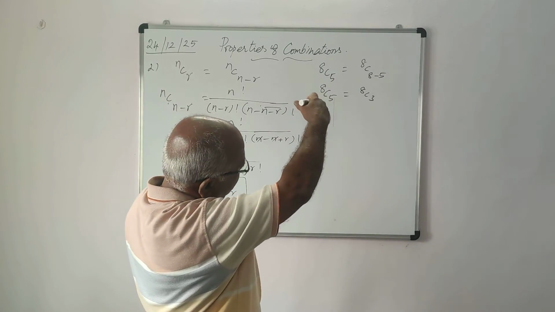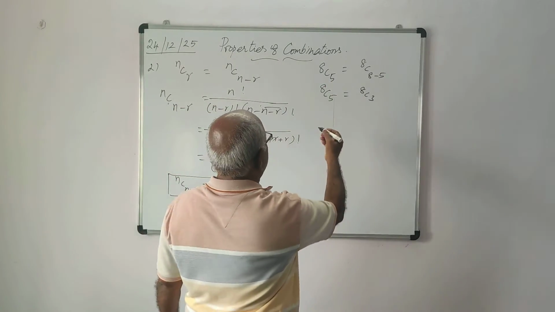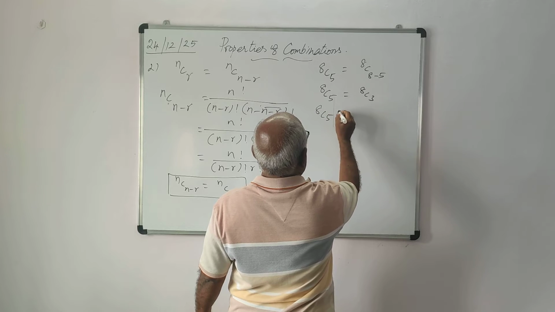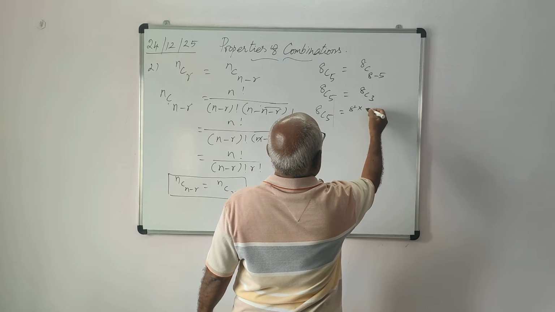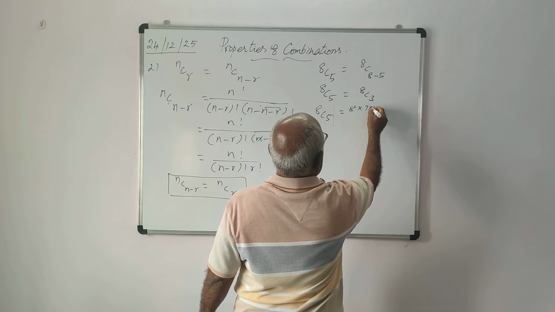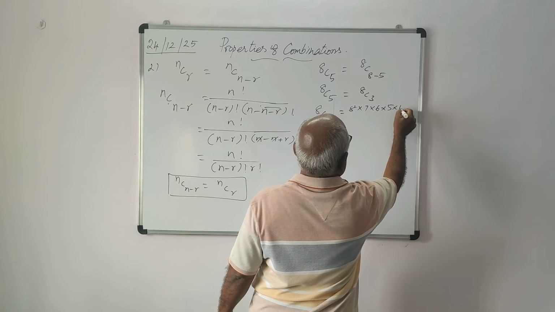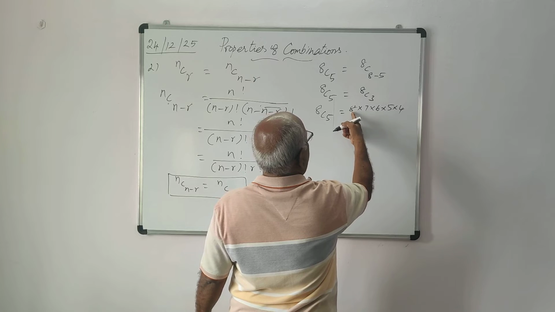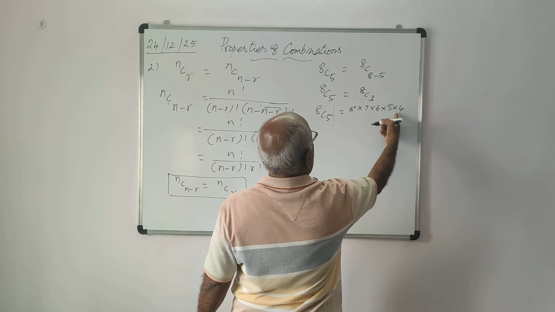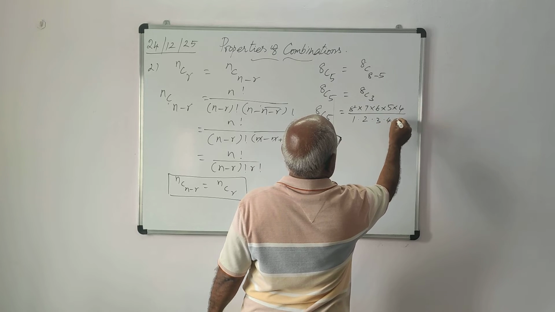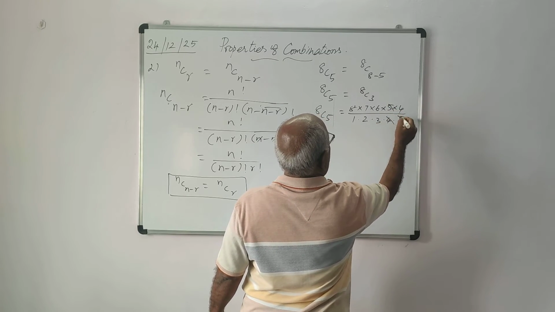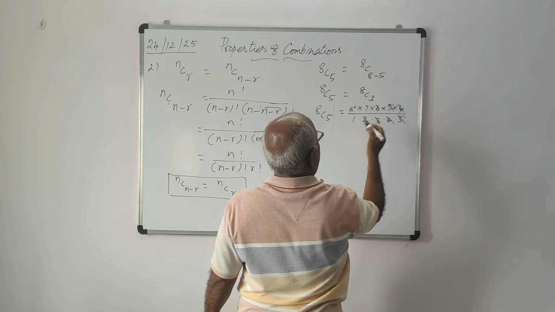You can check that 8C5 is 8 into 7 into 6 into 5 into 4 by 5 factorial, which is 1 into 2 into 3 into 4 into 5. 5, 5 cancel, 4, 4 cancel, 2 into 3 is 6 also cancels.